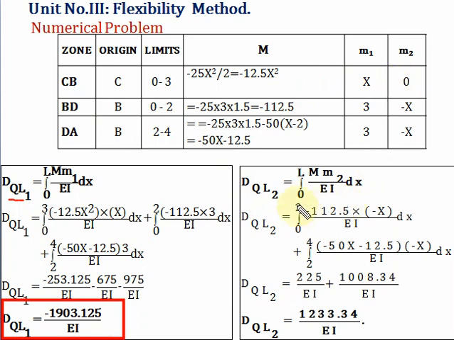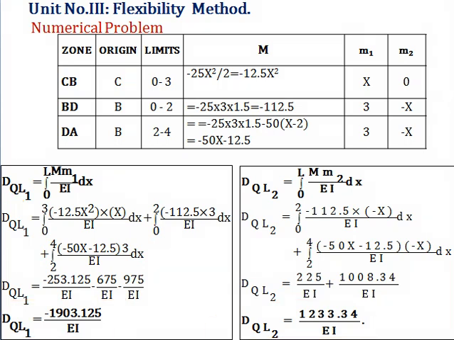For the next zone BD, the limit of integration is 0 to 2, the value of M is minus 112.5 into minus x upon EI, plus for zone DA, the limit of integration is 2 to 4, the value of M is minus 50x minus 12.5 and the value of M2 is minus x upon EI. After solving this integration we will get the value of DQL2 as 1233.34. So this is the value of DQL2.